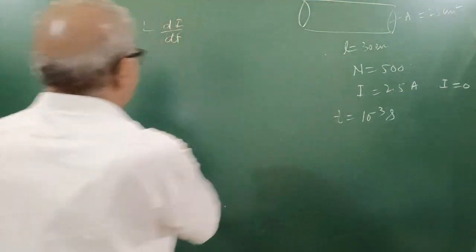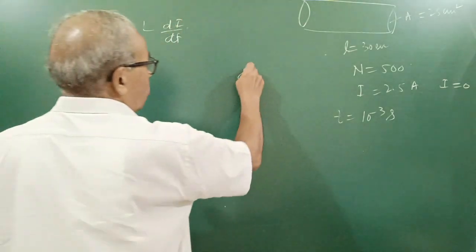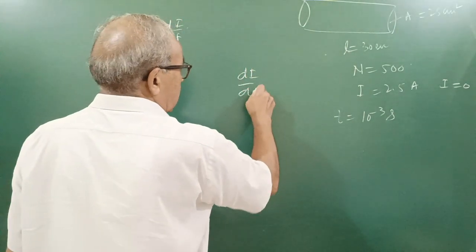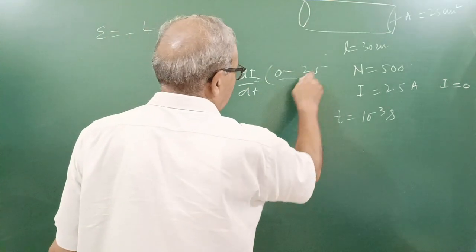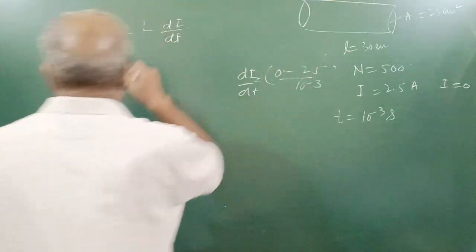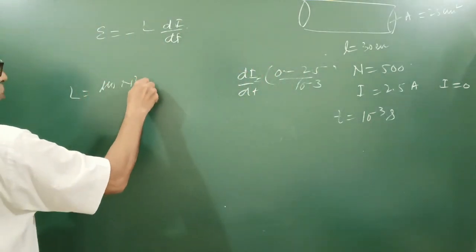Now you need L first of all. di over dt is there. di over dt is how much? It is equal to 0 minus 2.5 upon 10 to the power minus 3. We need L. So L is equal to, as I told you, mu0 n square A upon l.